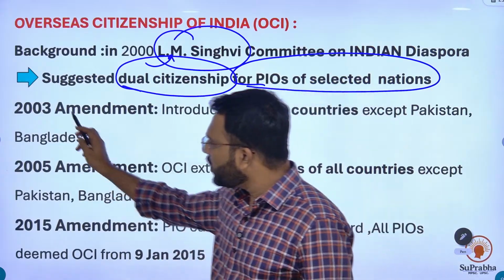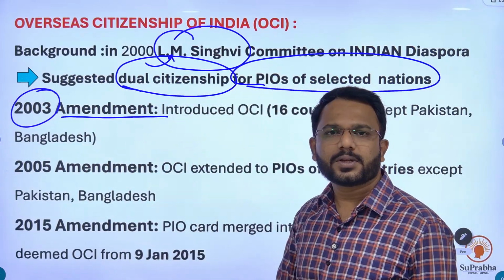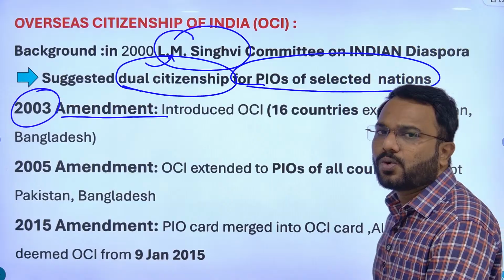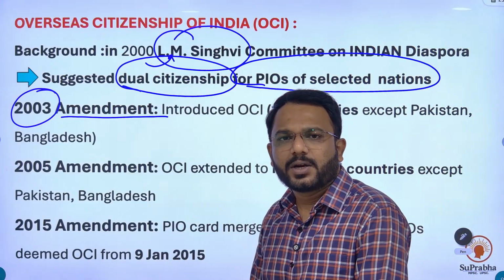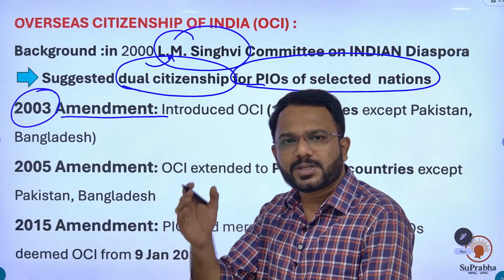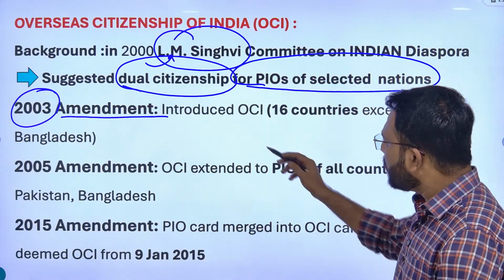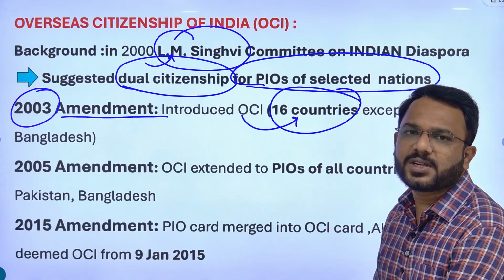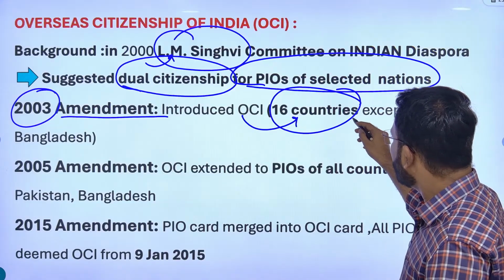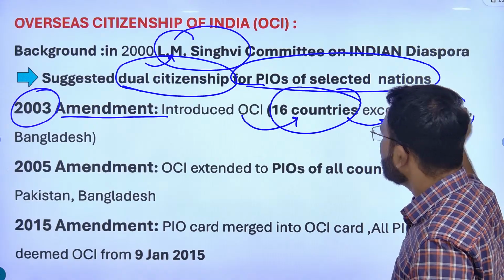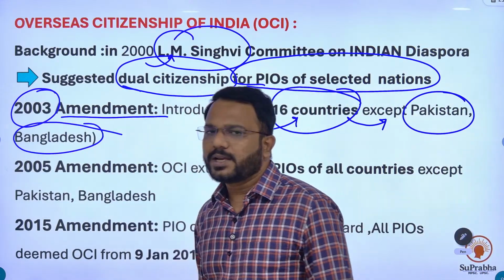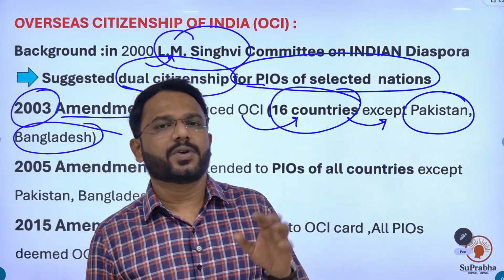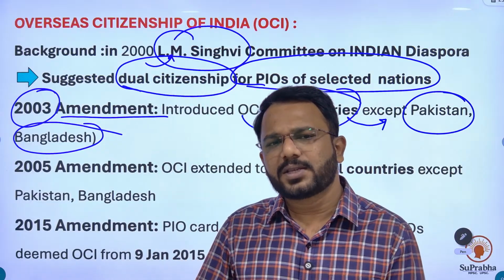So in 2003, an amendment was introduced in the Citizenship Act, and that amendment allowed the overseas citizenship card to persons of Indian origin who were nationals of 16 countries, except Pakistan and Bangladesh. Why was this card granted?